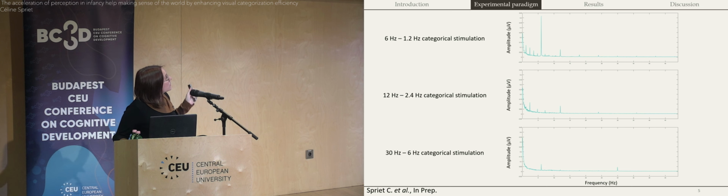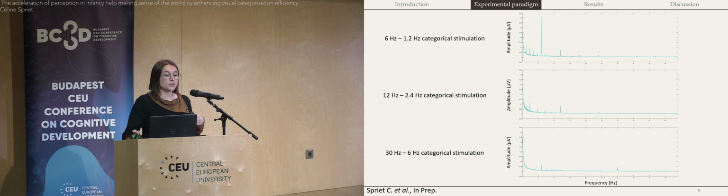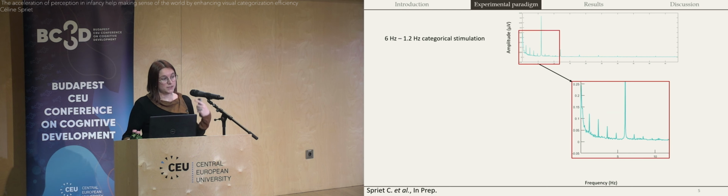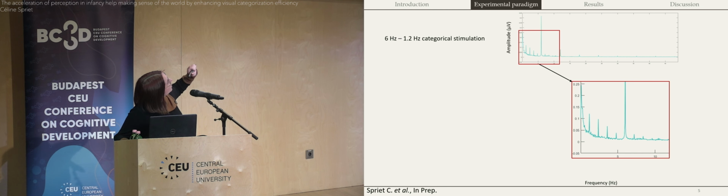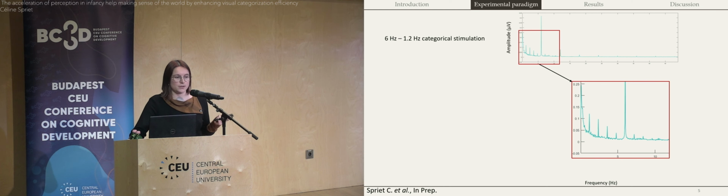And what is nice also is that if the brain is automatically categorizing the images, so reacting about the same way for all animate, about the same way for all inanimate, but differently between both categories, we would see a second synchronization of the brain activity towards the categorical stimulation. And so this is what we see here with the 1.2 Hz peak.